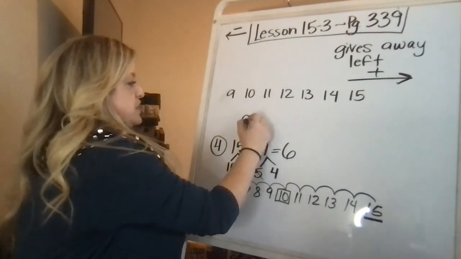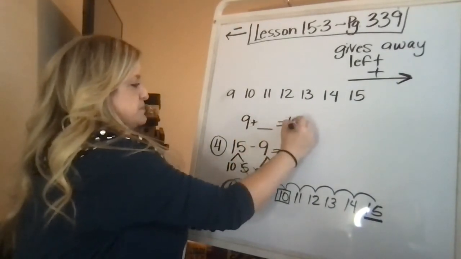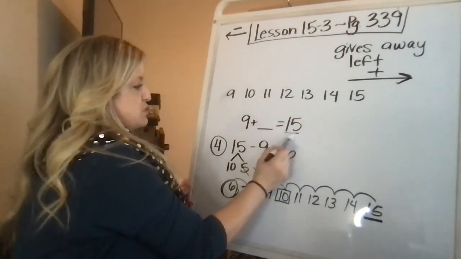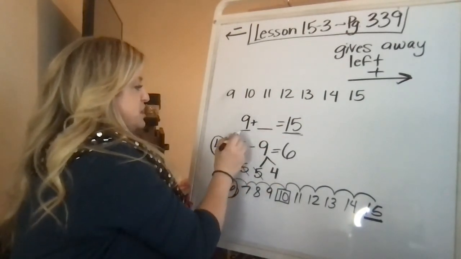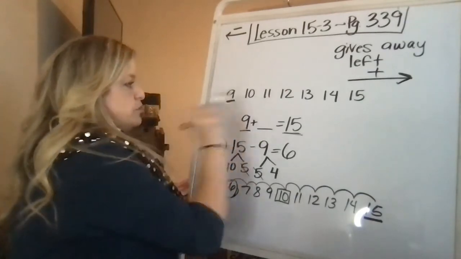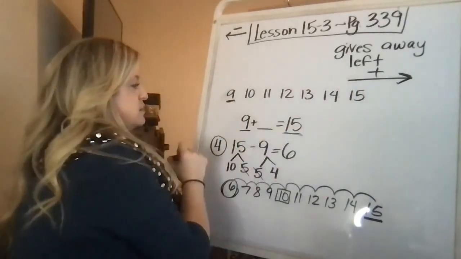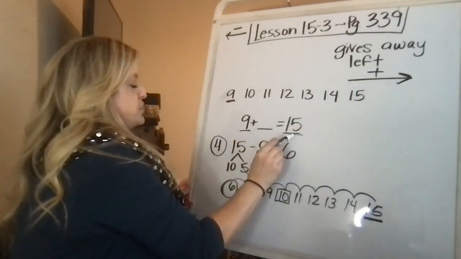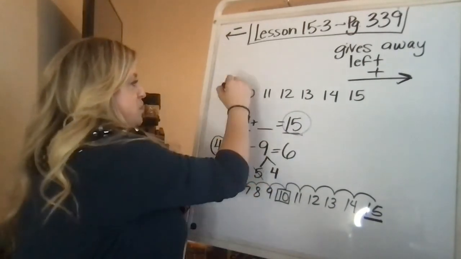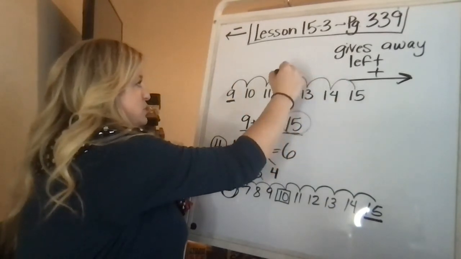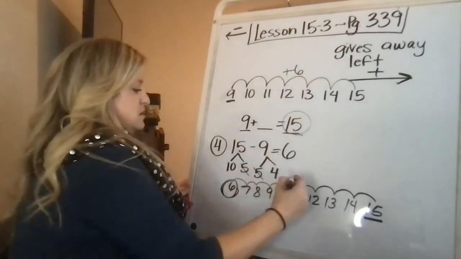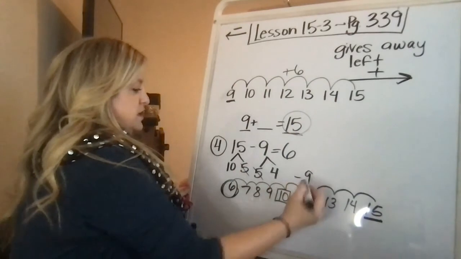So it would be 9 plus however many jumps gets me to 15. Remember, addition ends with the biggest number. Subtraction started with the biggest number. So I'm going to start at 9 on my number line, and I'm moving to the right because I'm adding. I don't know how many jumps, but I'm going to stop at 15. 1, 2, 3, 4, 5, 6. Plus 6. This one was minus 9.